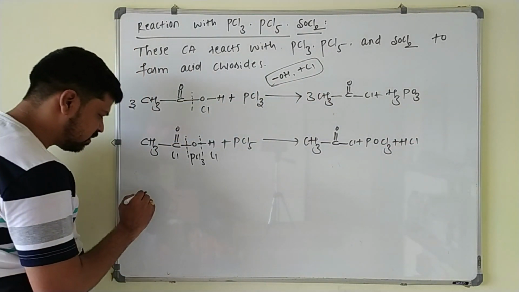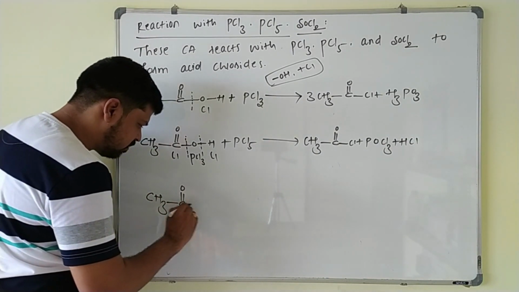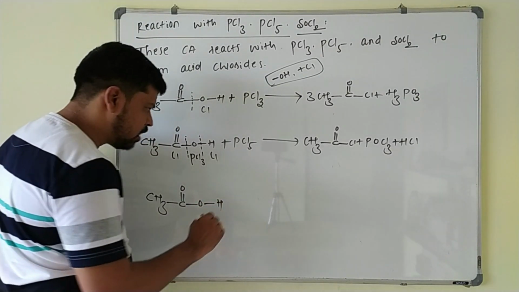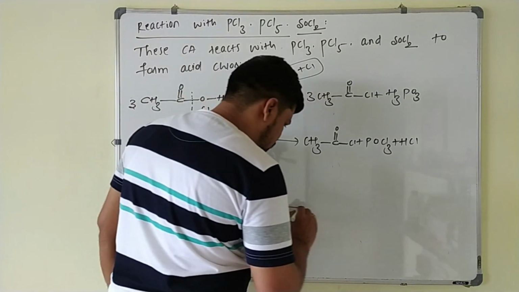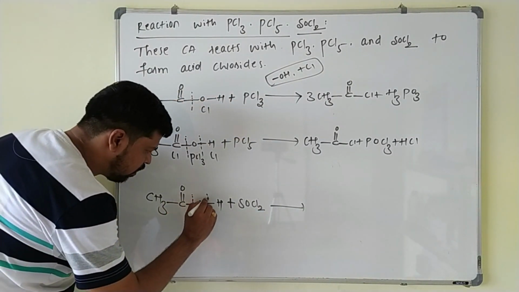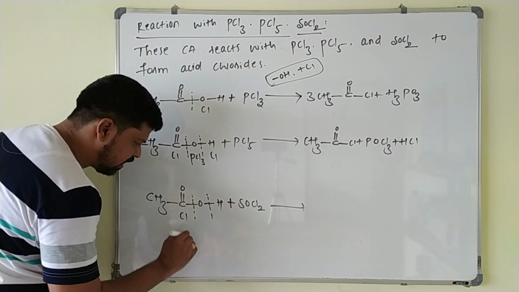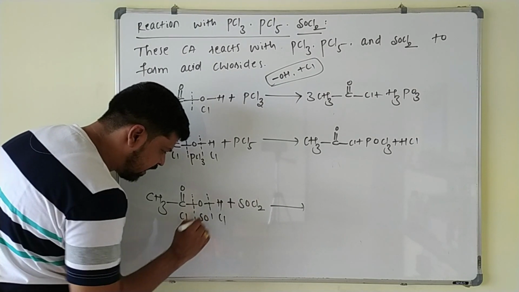The next reaction is, suppose this carboxylic acid reacts with SOCl2, thionyl chloride. Now here again you have to break the carbon oxygen bond. You add 1 chlorine this side, another chlorine this side. So what is remaining? SO is added here.